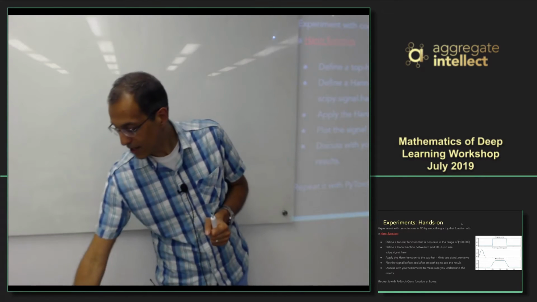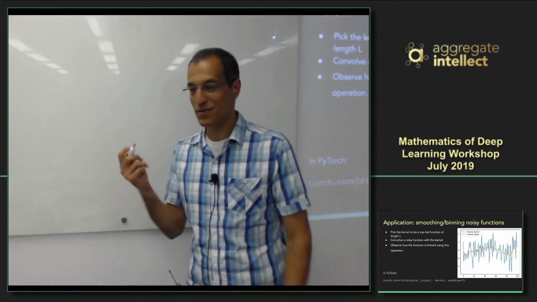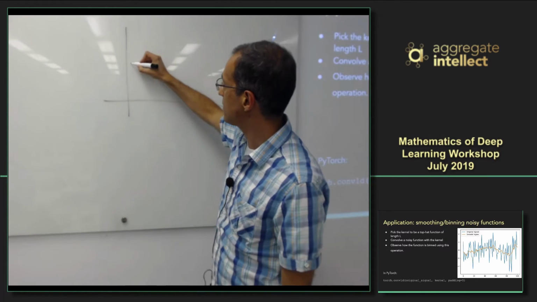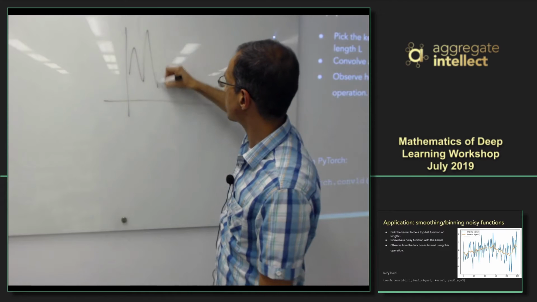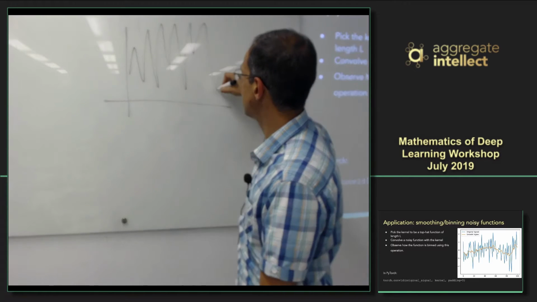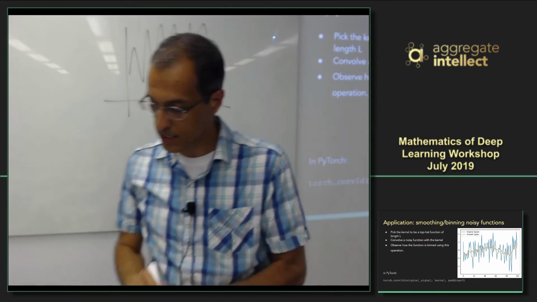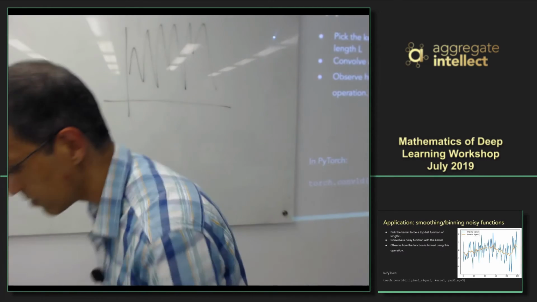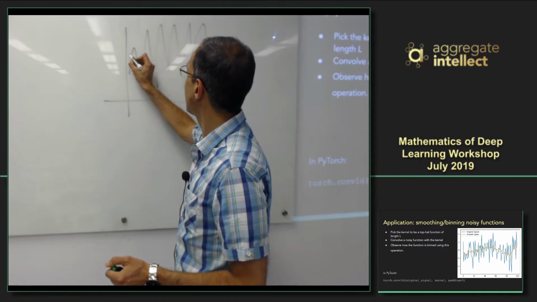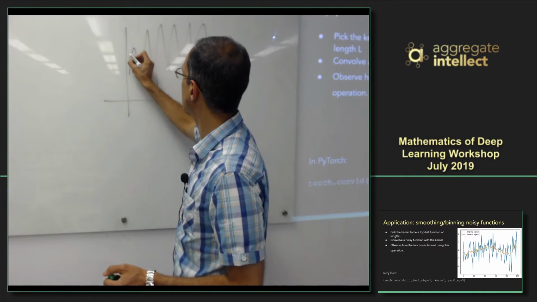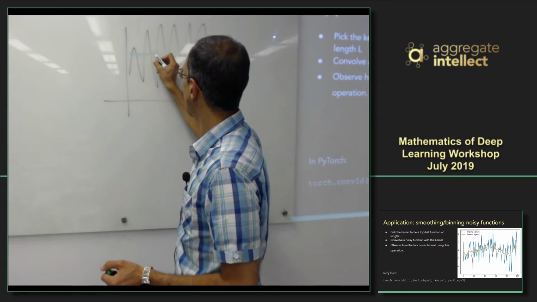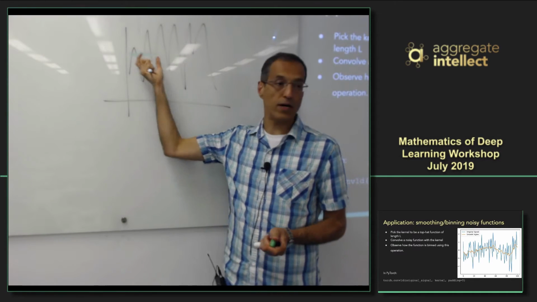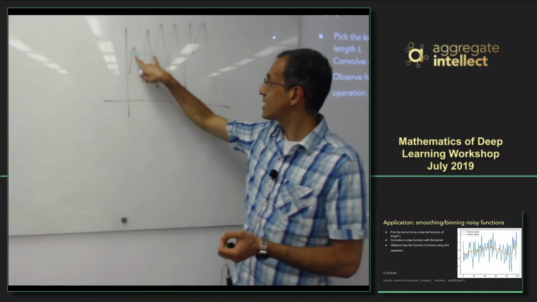All right. Then the second one. Let's see what you did. You took a noisy function, and then we took a kernel that is equal to 1 between 0 and 10.